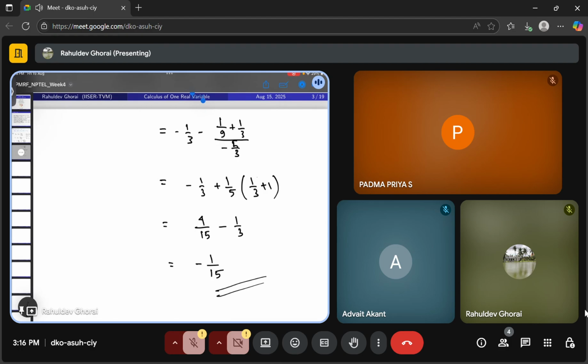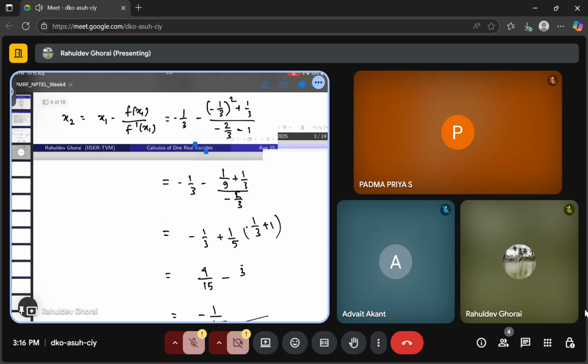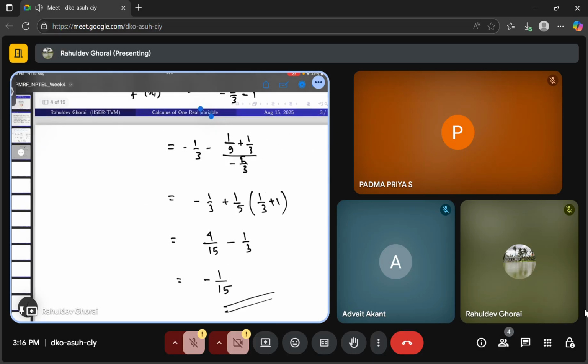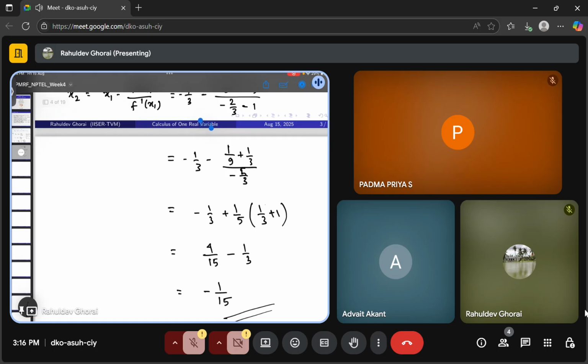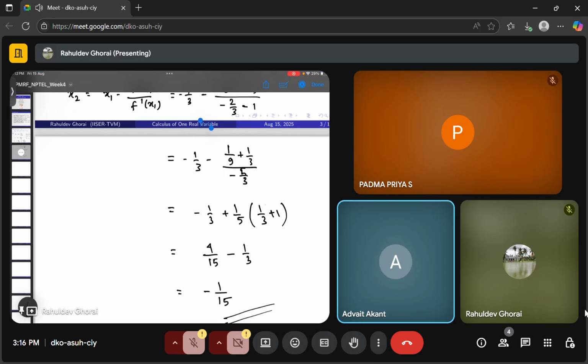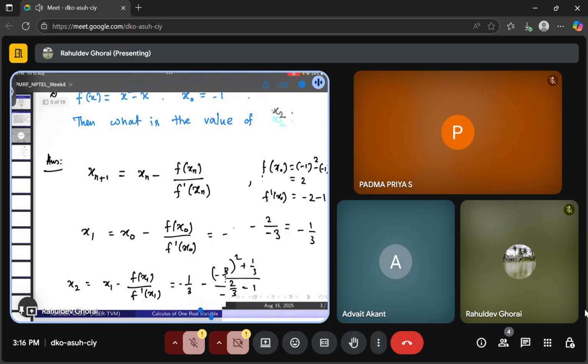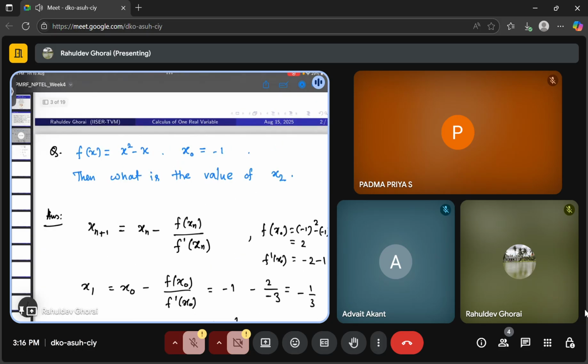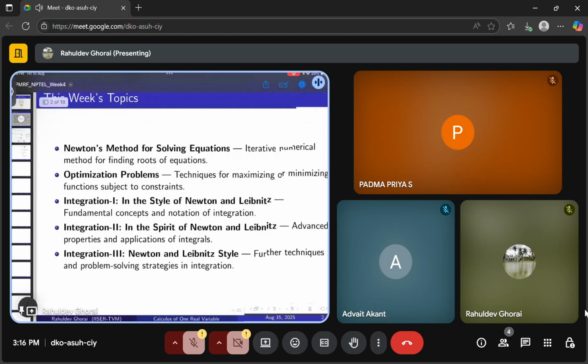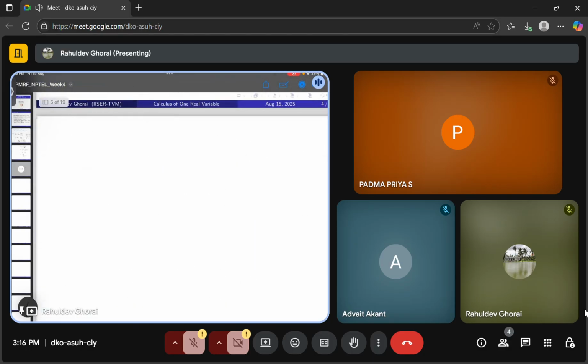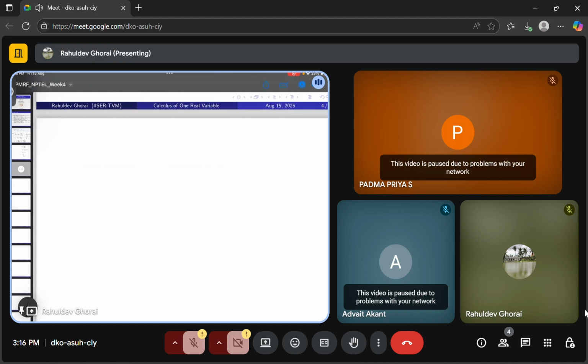Yeah, that should be the correct answer, right? That's what you got. You should get this minus 1 over 15. So you need to only find up to x2. Some types of questions like this you may get. I'll move to the next question, which I think he has done already in the class. So okay, I'll find another question.